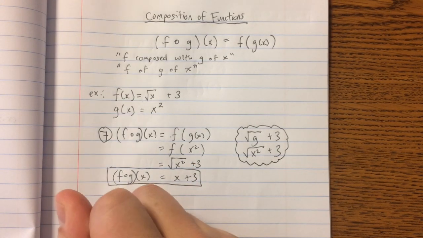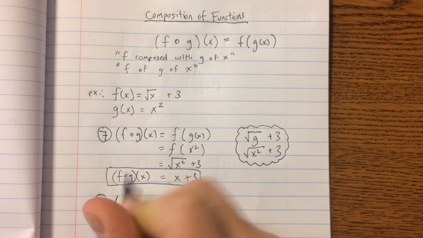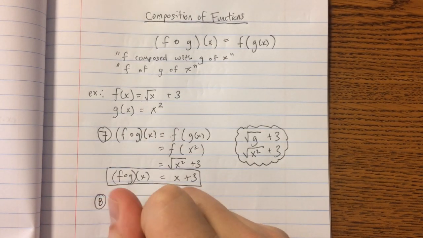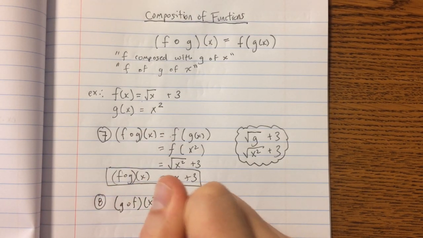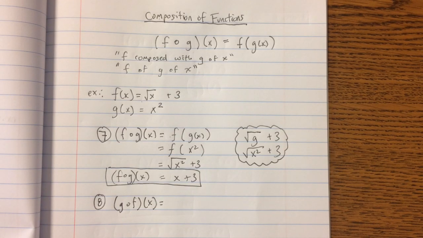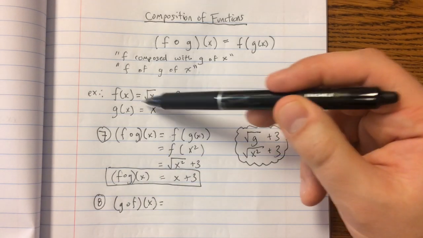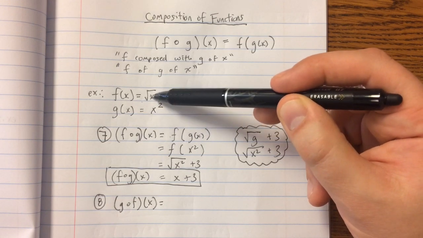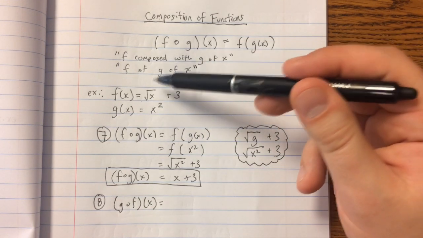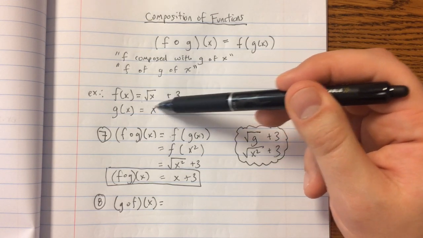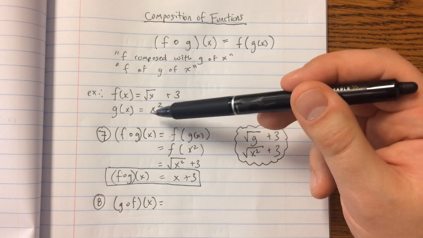Let's try another one. Let's switch it up. G of F of X. Now, before we actually work this out, let me just take a moment and think about whether or not you expect these two to be the same. Like if I plug in G into F, am I going to get the same thing as if I were to plug in F into G?